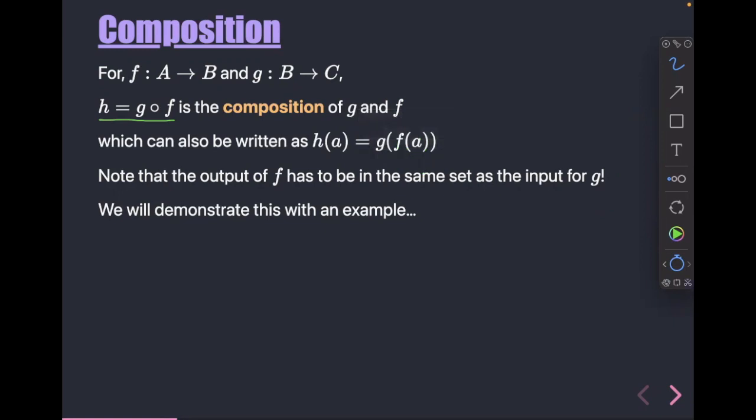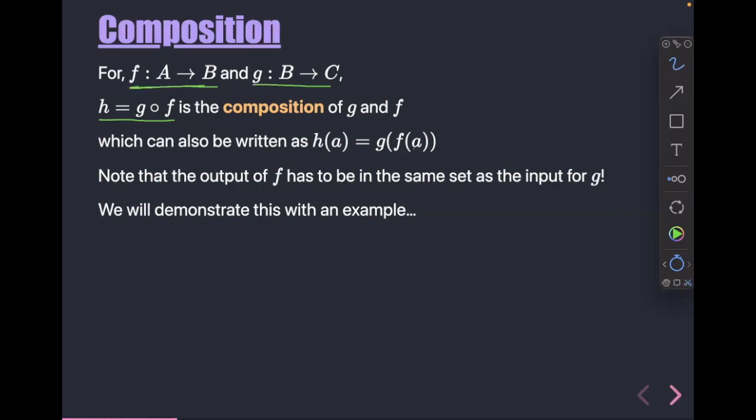One important aspect of a composition is, here I defined it where we have this function f that's going from set A to B, and G is going from set B to C. So what does that mean?